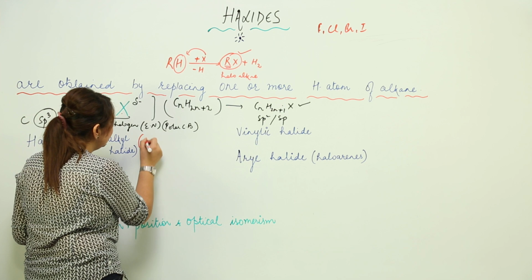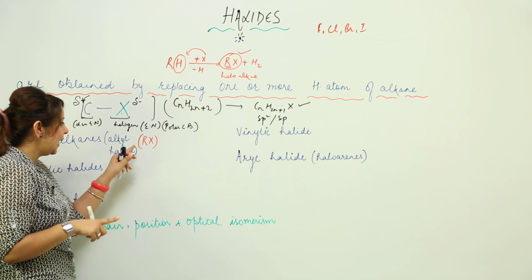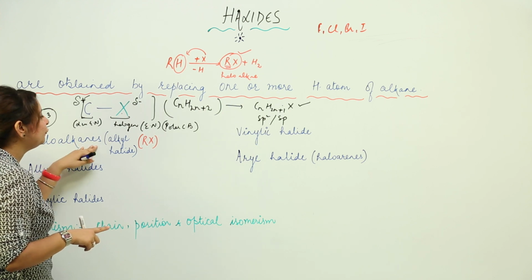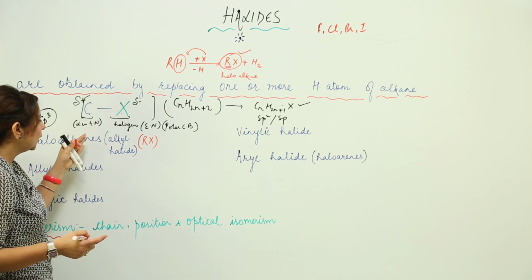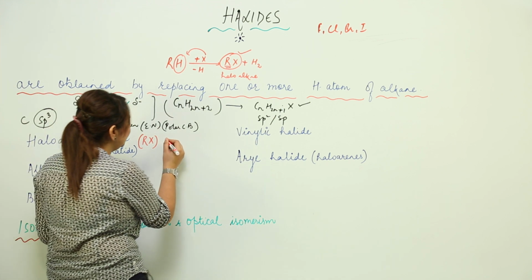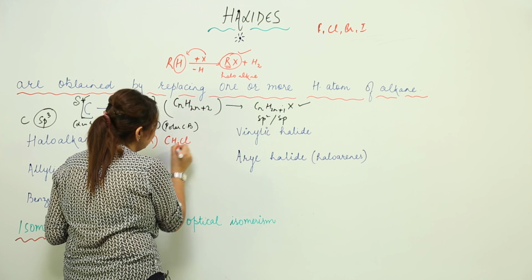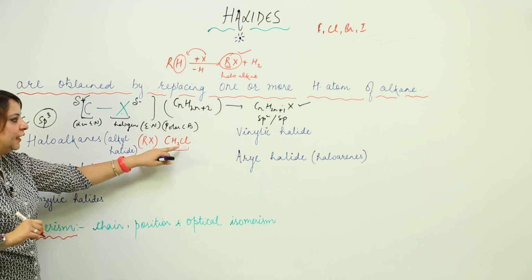Haloalkane is generally abbreviated as RX, as we formed here. It is formed by replacing one or more hydrogen atoms of the alkane with halogen.